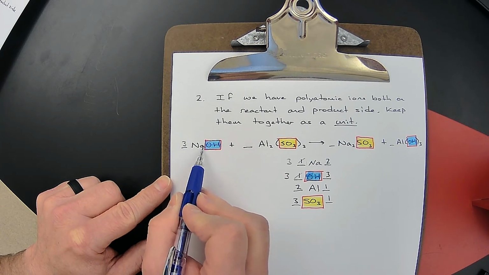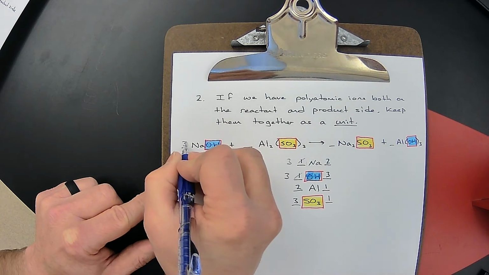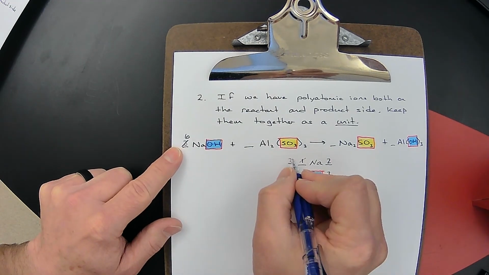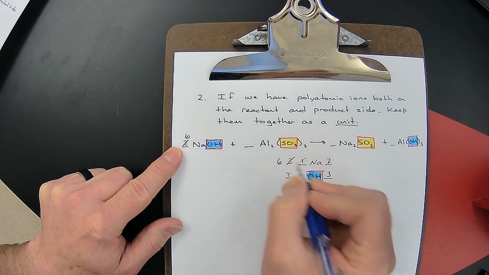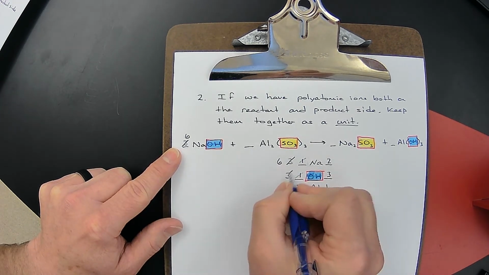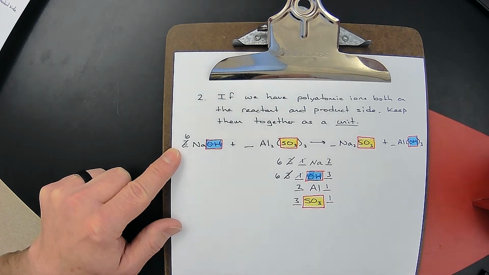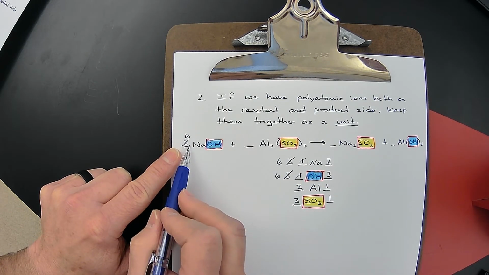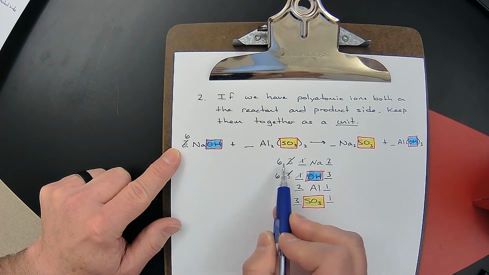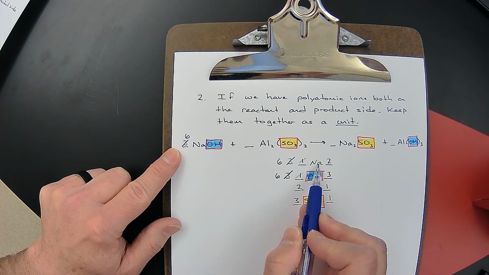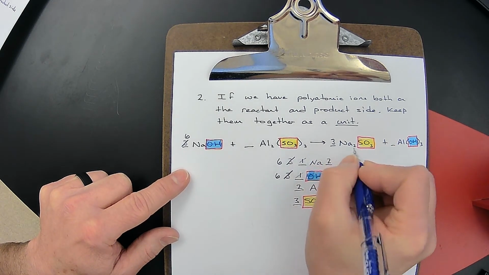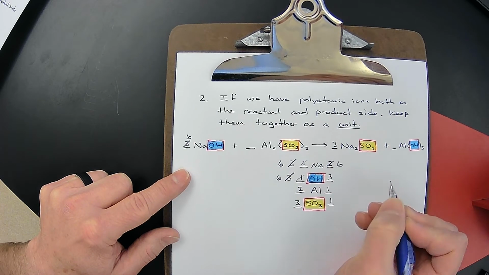Well, because there's a 1 next to the NA, I would need to cross this out and put a 6. So now my 3 becomes a 6, but notice it also changed my OHs, so now I have 6 OHs. This also changes what I need to do here, because now I want to match this NA to a 6, so I need to put a 3 right there to be able to get to 6.